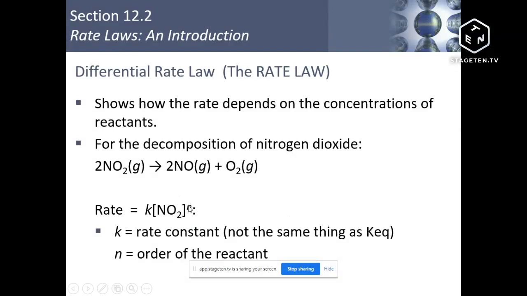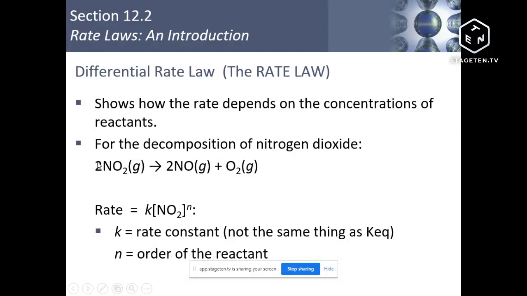Now, that n right there does not necessarily mean the coefficient of the reactant. N is called the order of the reactant, and we're going to talk about what that means in a second. But you can only find N through experimental data.